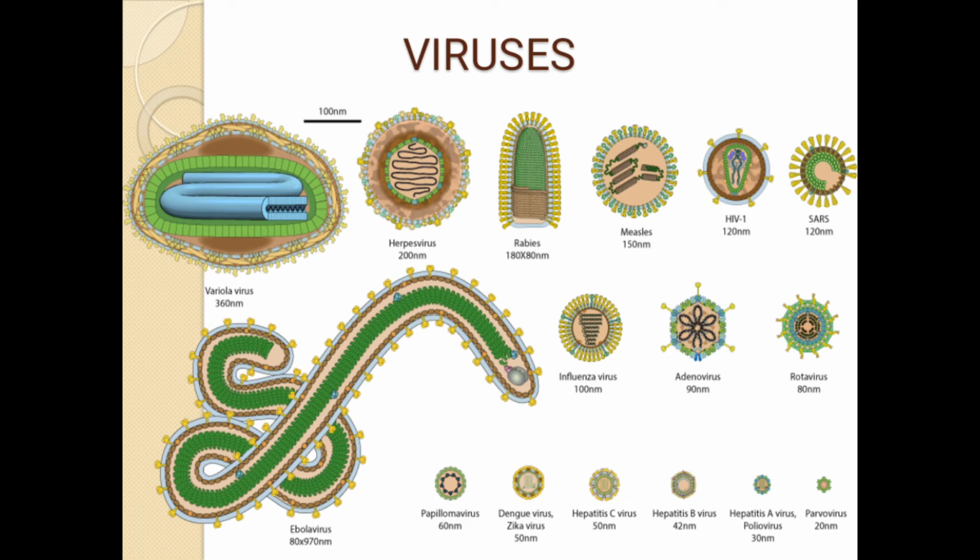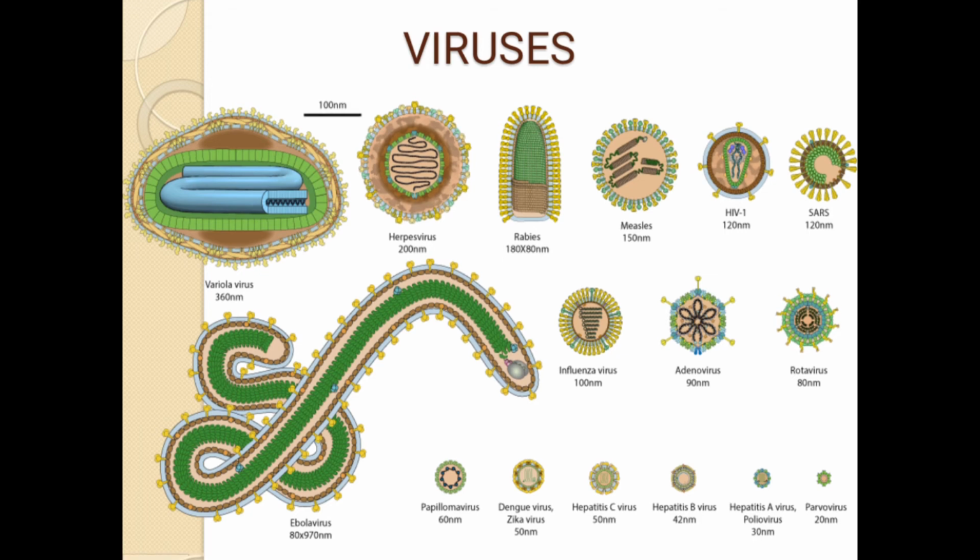From 20 nanometers to 100 nanometers, the size varies. And the SARS virus, which you can see is around 120 nanometers, is responsible for the disease corona. Then measles, rabies, HIV, these are the different types of viruses which infest our body and create various diseases.